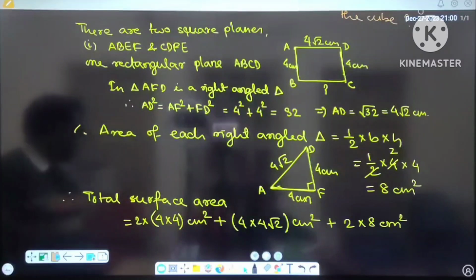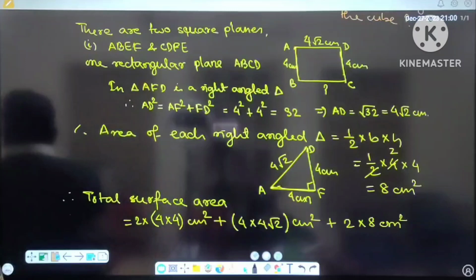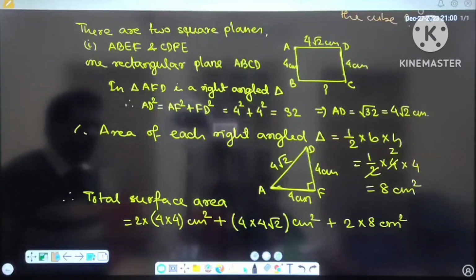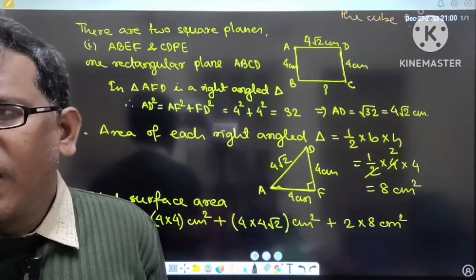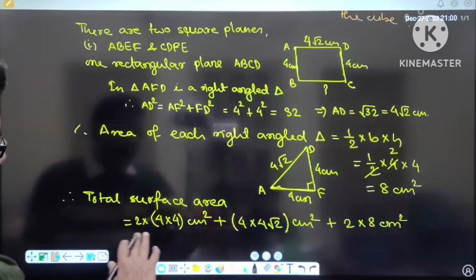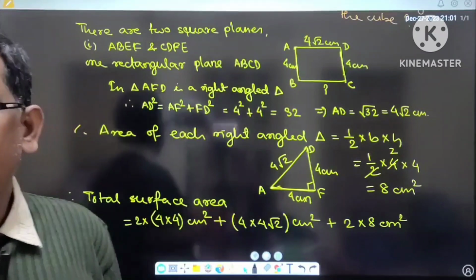So there are two triangles, isn't it? You follow? Tell me yes or no. The total surface area of each part found after cutting the cubical geometry will be the value of this, whatever you get in calculation.